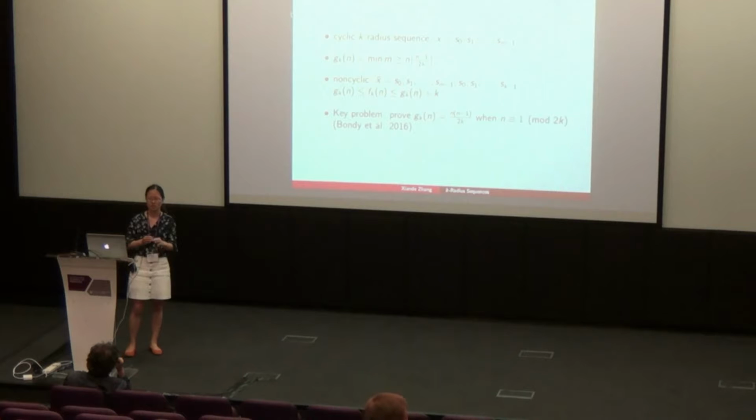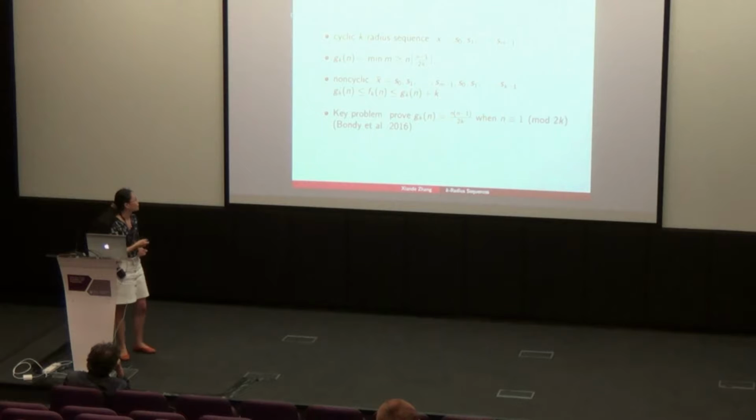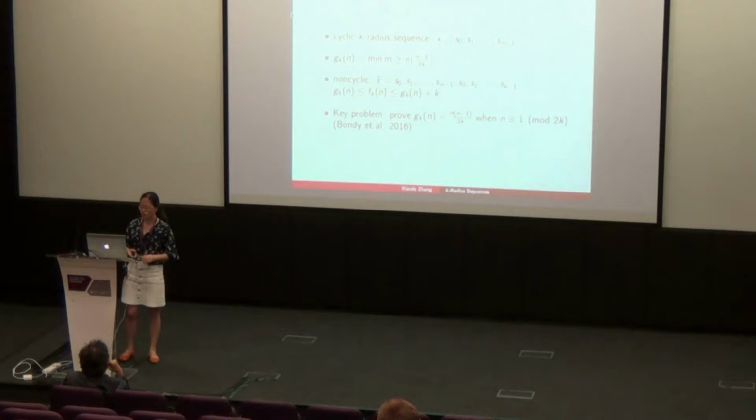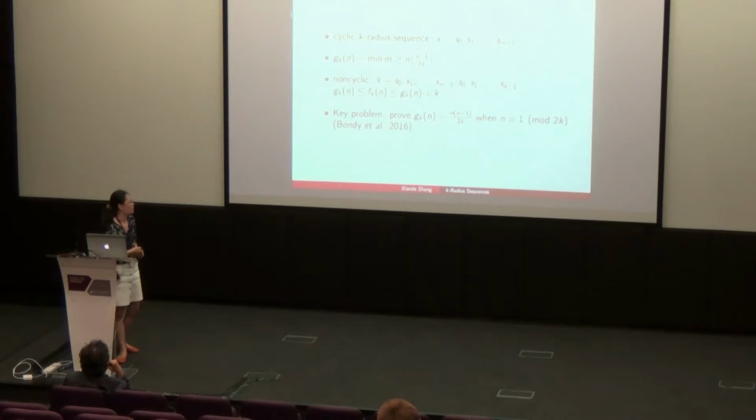Then we just add the first k terms to the end of the sequence, and we get a linear sequence. So we denote G_k(n) as the shortest length of this cycle, and we have relations between G_k(n) and F_k(n). In their paper, they reduce the whole problem to this one.